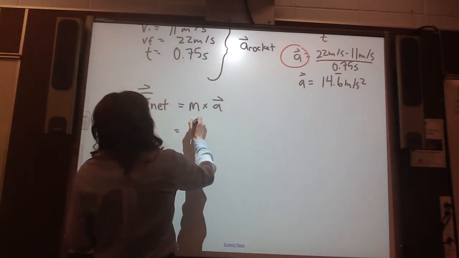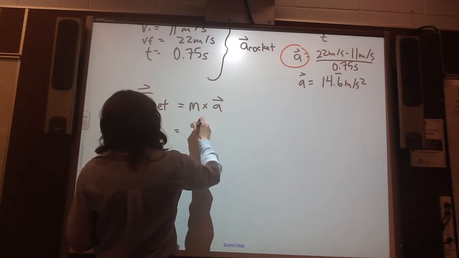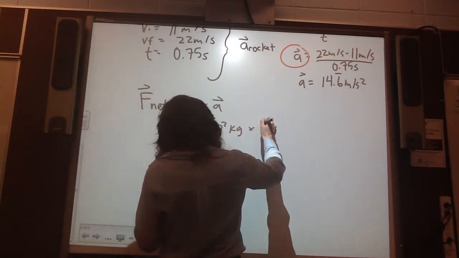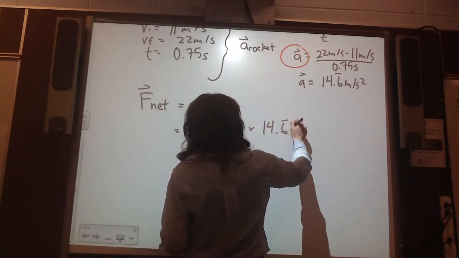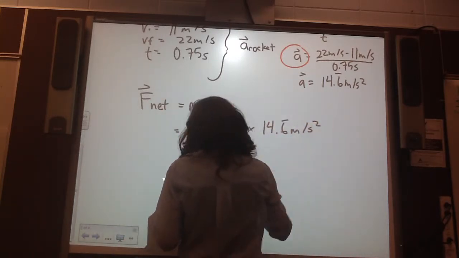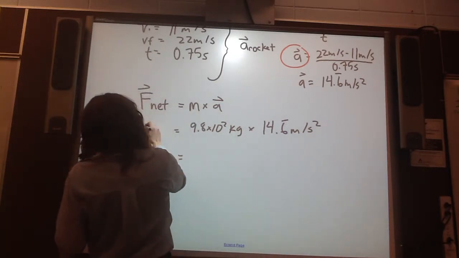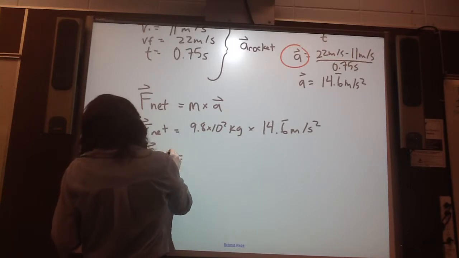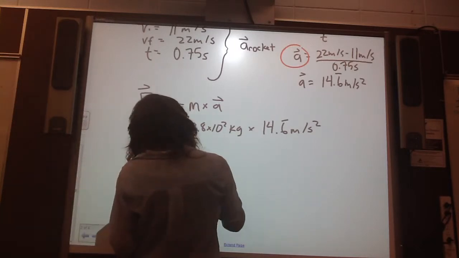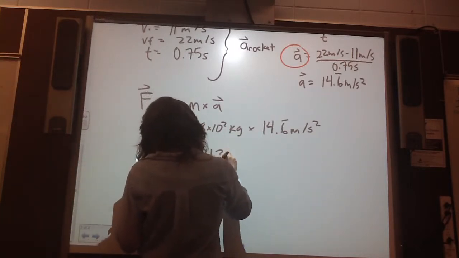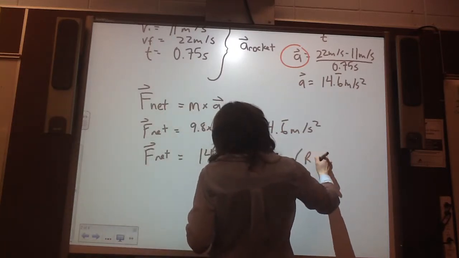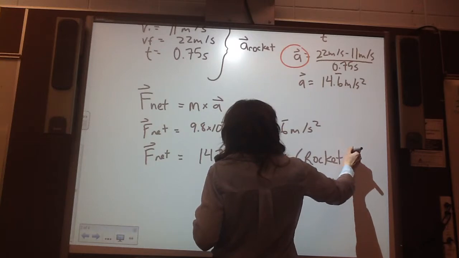We put that in, so my mass is 9.8 times 10 to the 3 kilograms multiplied by 14.6 repeating meters per second squared. So my F net of the rocket is 143,733 newtons. Again, this is of my rocket.